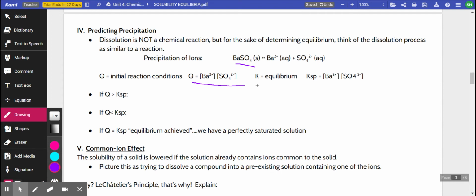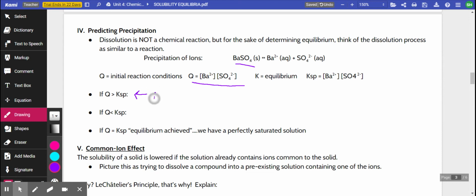So remember, if Q is greater than K, then the reaction is going to go to the left, to the reactants or to the solid side, which is the precipitate. So if Q is greater than K, that means that the reaction or the dissolution is going to go in reverse.